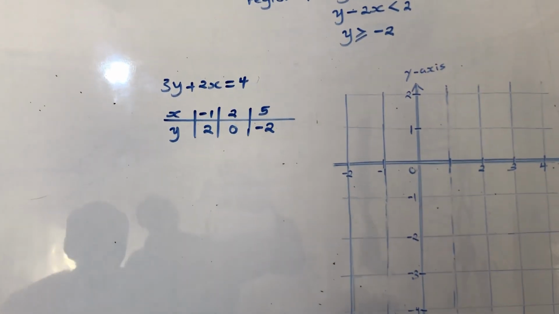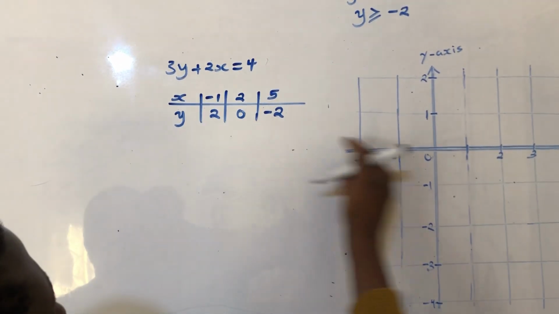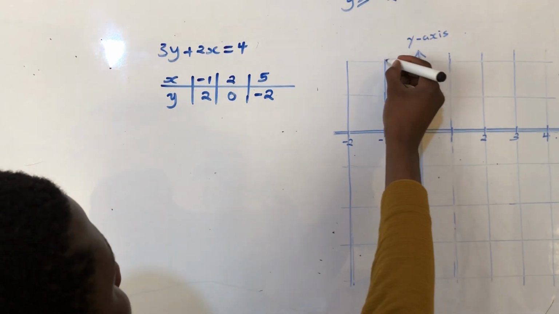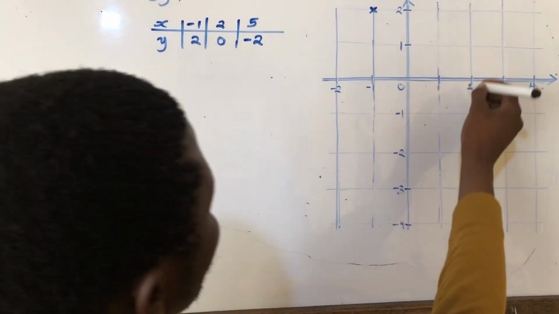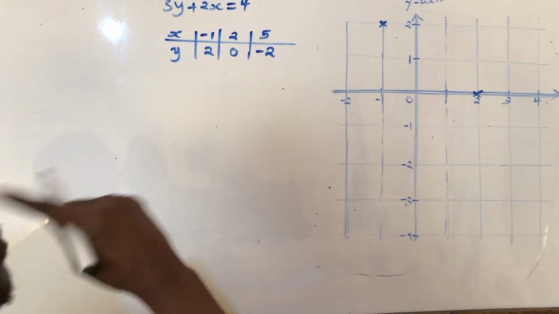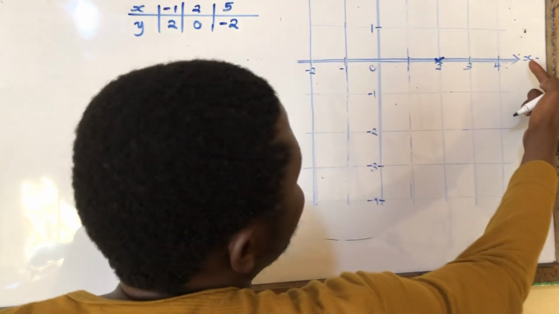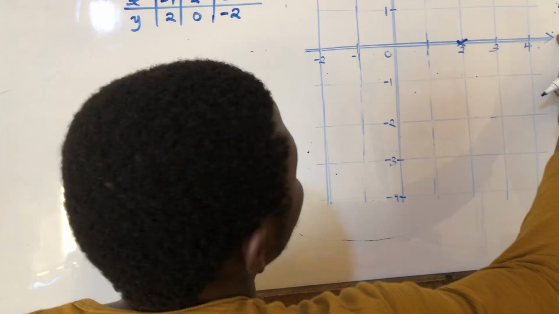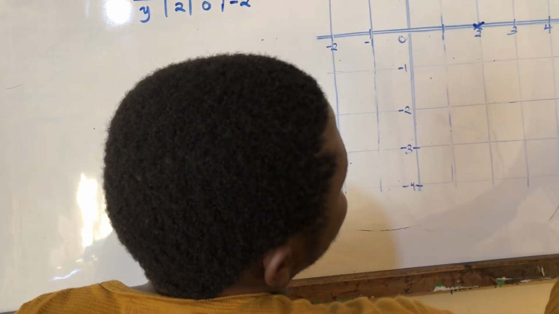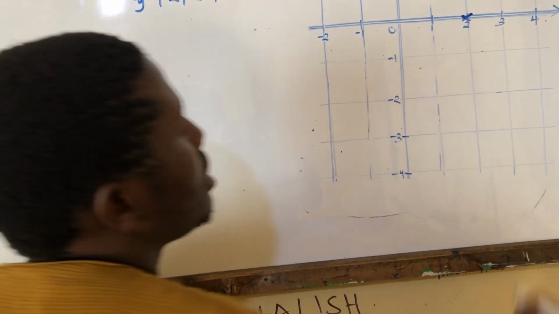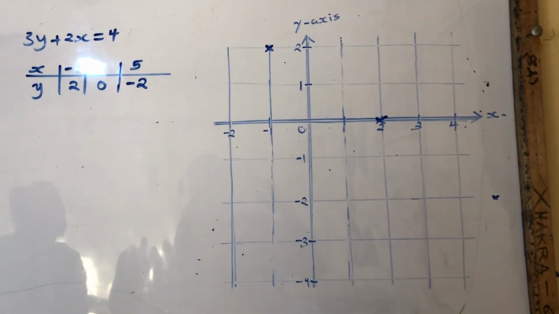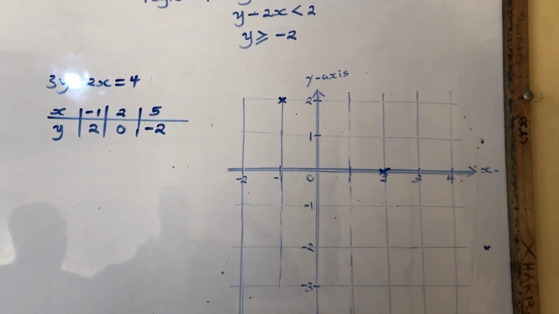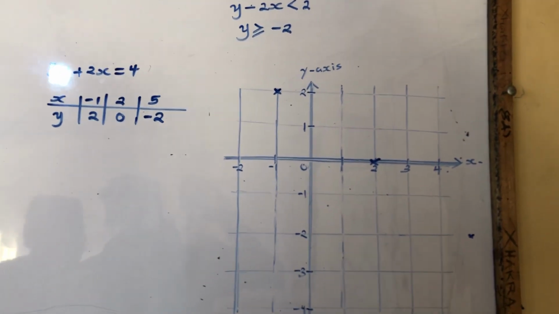So we'll go to our graph. Negative 1 will be plotted against 2. 2 will be plotted against 0. Allow me to estimate the 5 to be somewhere here. This 5 should correspond to negative 2, because we don't have it in our graph.